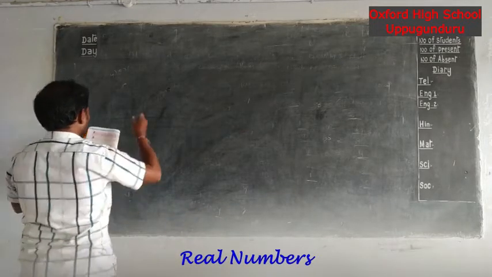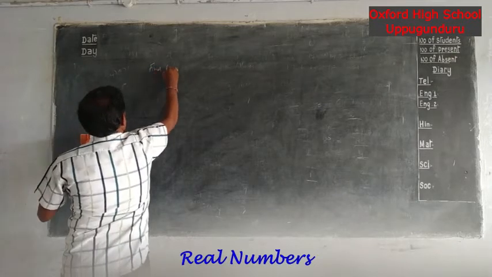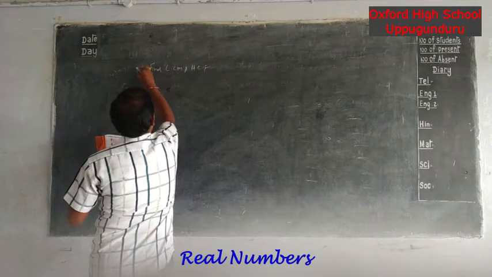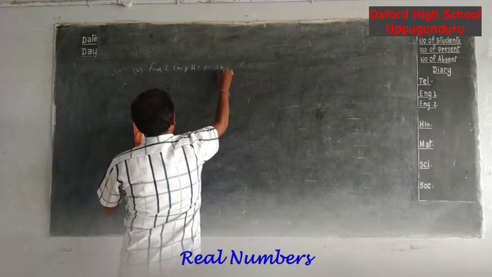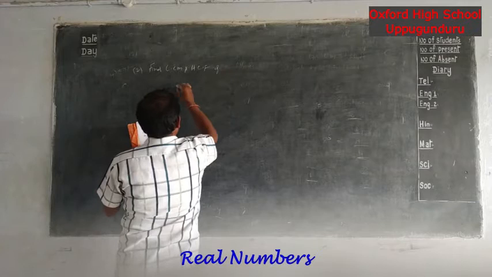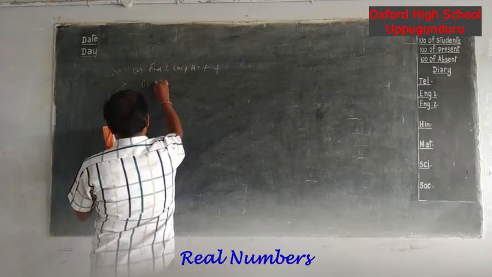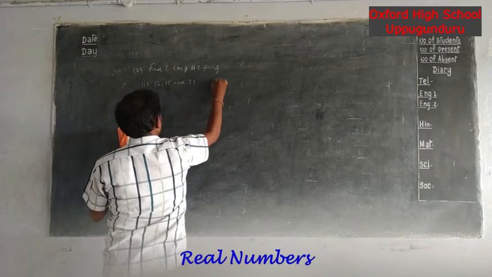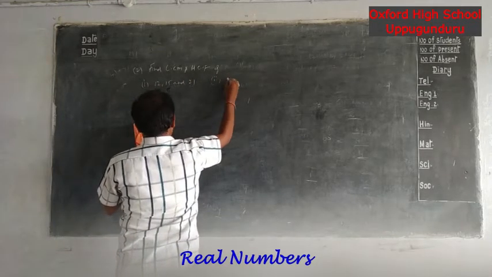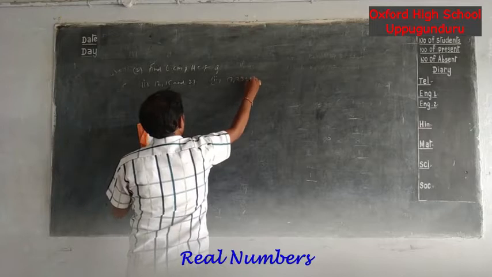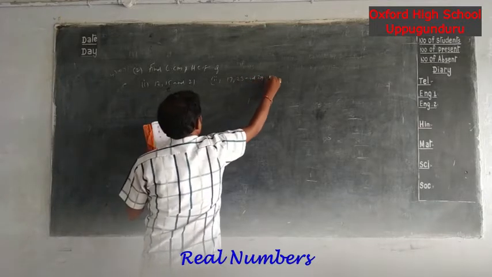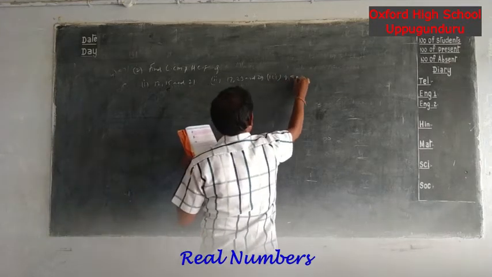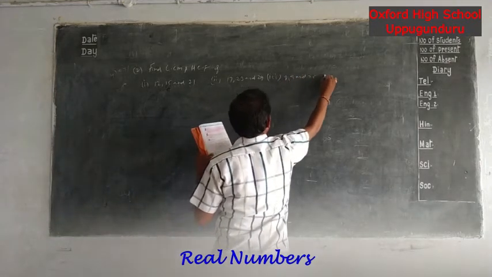Next, second problem. Find LCM and HCF of first one 12, 15 and 21. Second one 17, 23 and 29. Third one 8, 9 and 25.